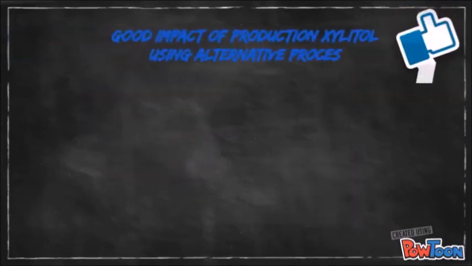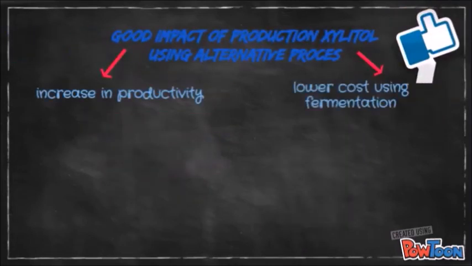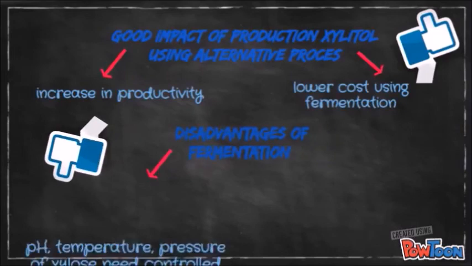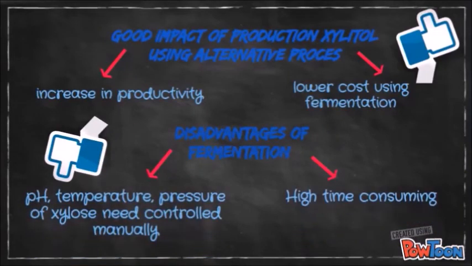Okay, we move to the good impact of production of xylitol using the alternative process. First is increase in productivity. The enzymatic approach employing xylose reductase, also known as XR, for xylitol synthesis is expected to increase the productivity.